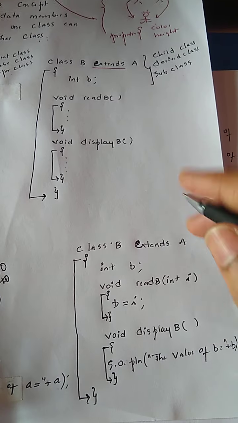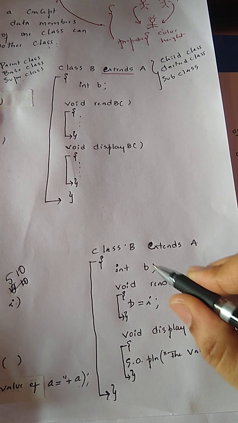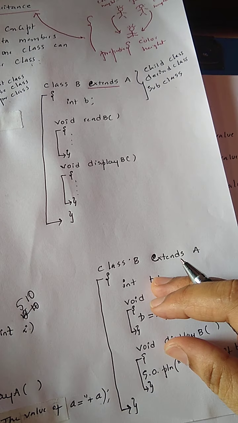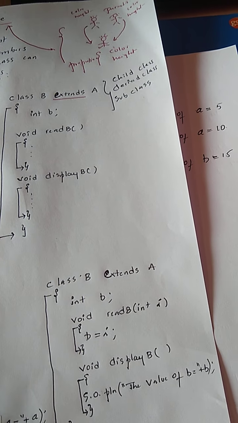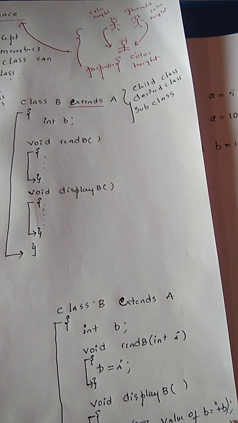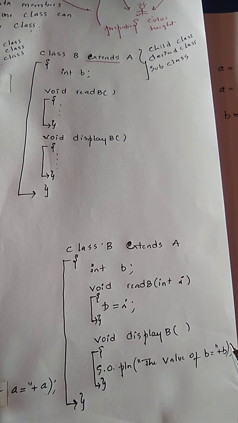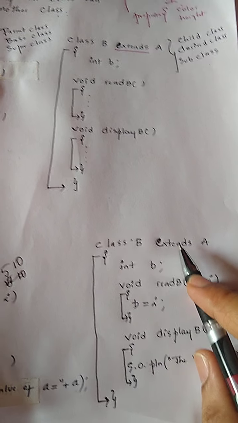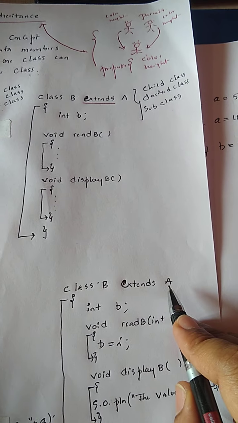There is one more class named B, within which there is one data member small b, read b and display b. Read b just assigns the value for b, display b just displays the value of b. Now to achieve inheritance, just use the keyword extends and write the class name. The class name is A, so I have written A here.